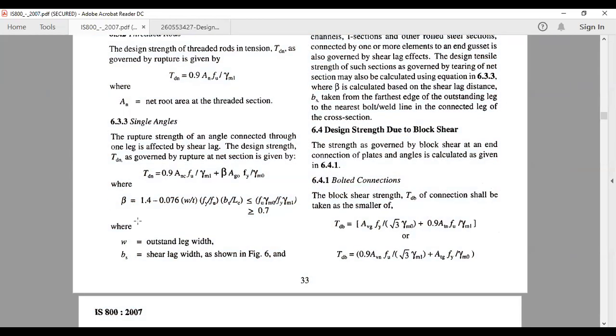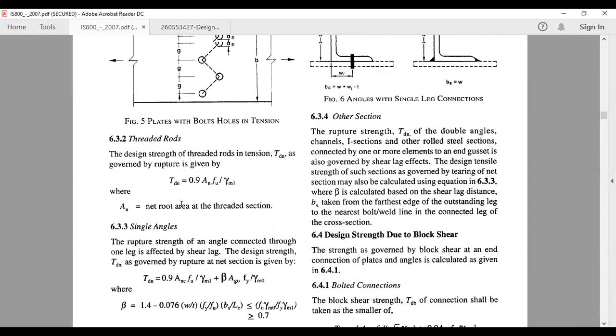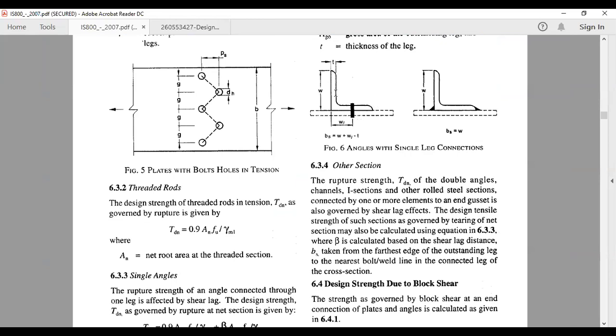This code will be there with you. It will be always available for you whenever you take any design or for your exam purpose, anything. But understand the terminologies properly and use them in this expression. Okay, so what you have here is W, the outstanding leg width. If you have ISA equal angle section, the width of both legs will be same.